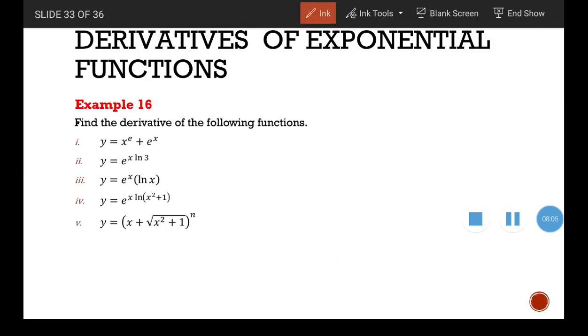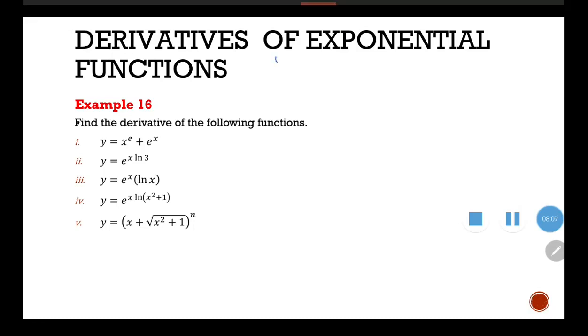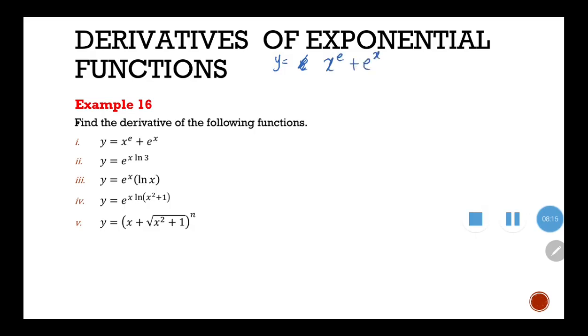Okay, now we're going to solve question number 1. Sorry. x to the power of e plus e to the power of x. So the dy/dx for this equation is, we try to calculate it one by one.